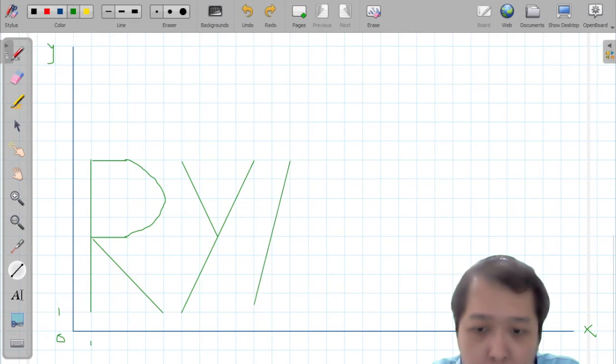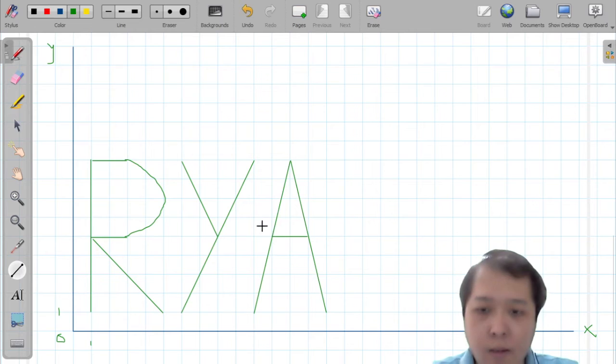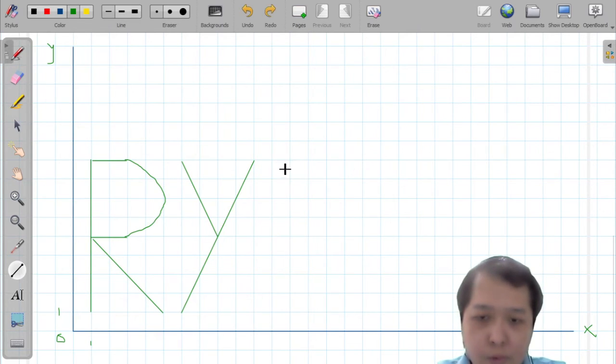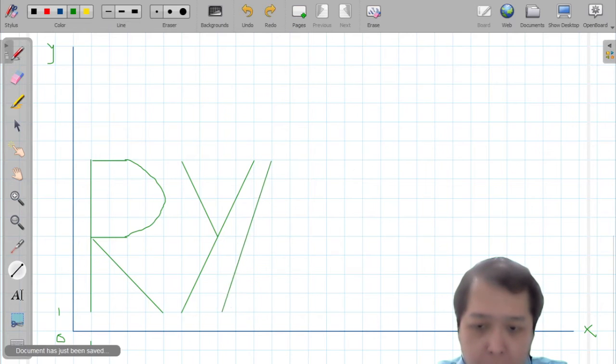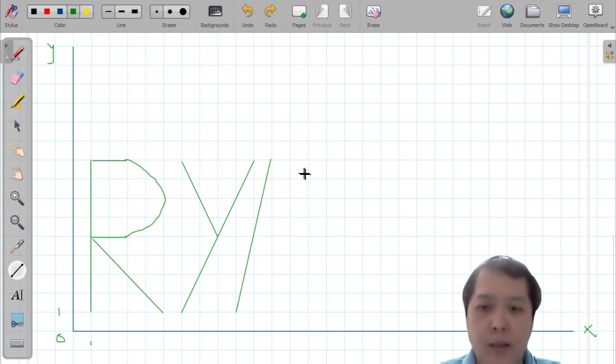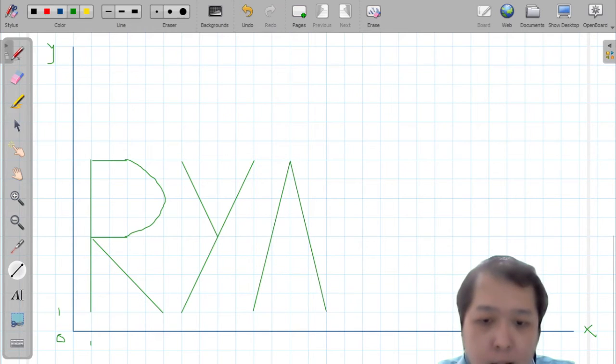Too wide. 8 times 4, and then of course, is it too far? Or should it be this way? Wrong one. I guess the previous one. The distance looks fine.